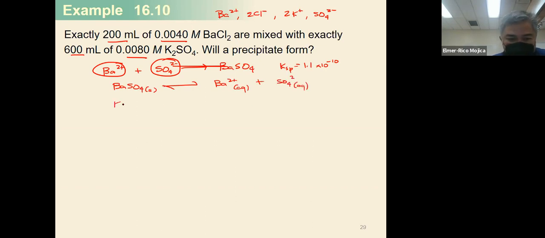Then you have a KSP equals Ba2+ times SO4 2-. So what we want to do is get the ion product of that and compare it with the KSP. So we need to get the barium 2 plus concentration and the sulfate 2 minus concentration. Where do we get that? Here.